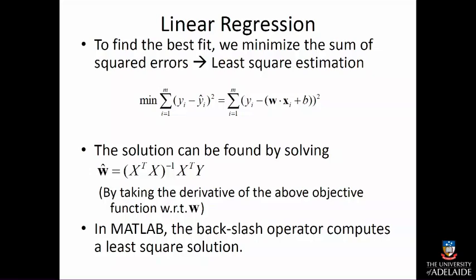W and b are two sets of variables. At the optimum, the differential of the function with respect to each variable should be 0. The gradient should be 0. So this is just the solution of W.